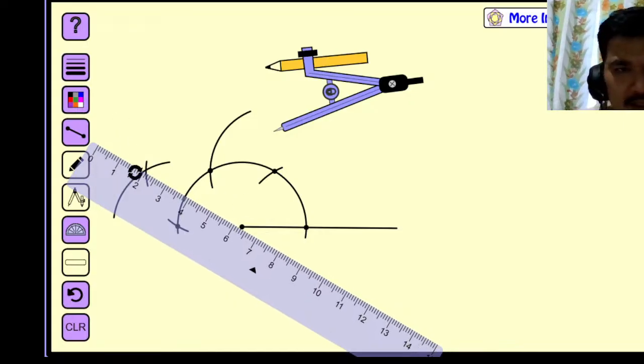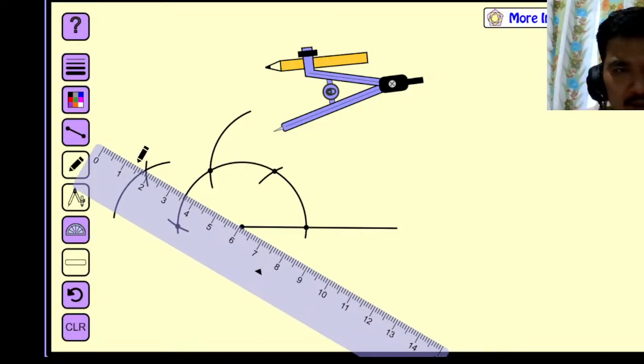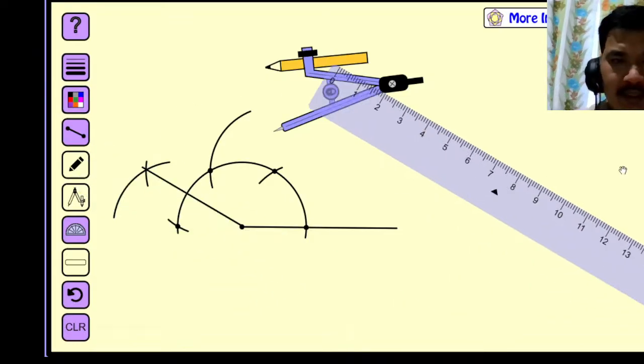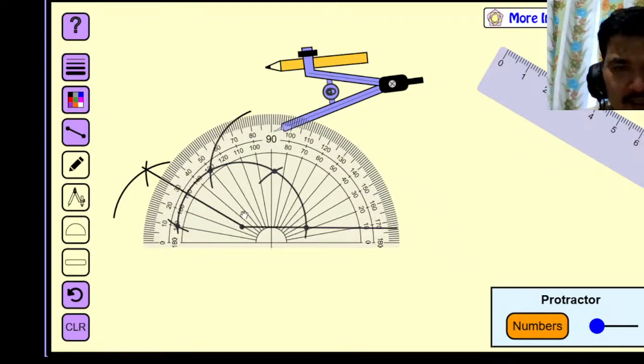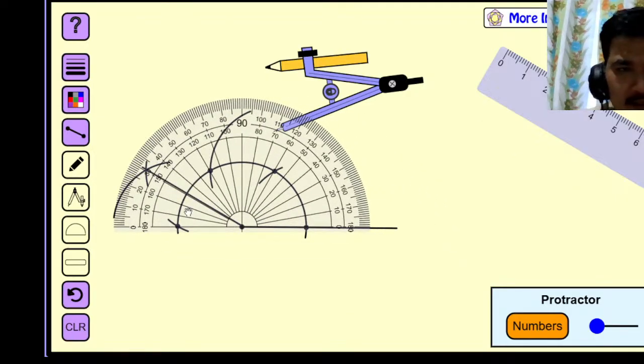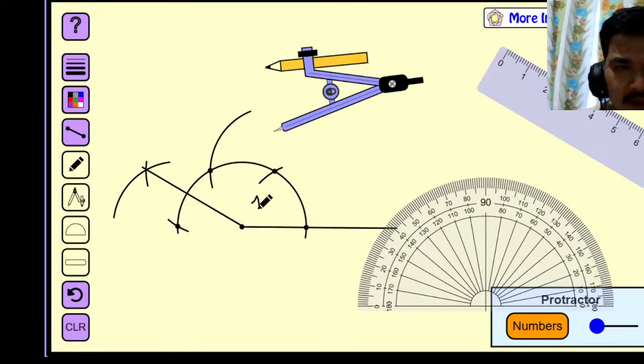If you join this line and join like this, this angle is around 150. Put at the center. Yes, it is 150. Look here, 0, 10, 20, 30, 40. If you go checking this one, it is on 150. Yes, this is angle 150, right?